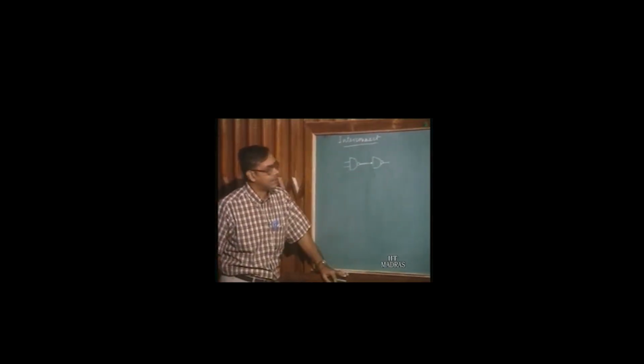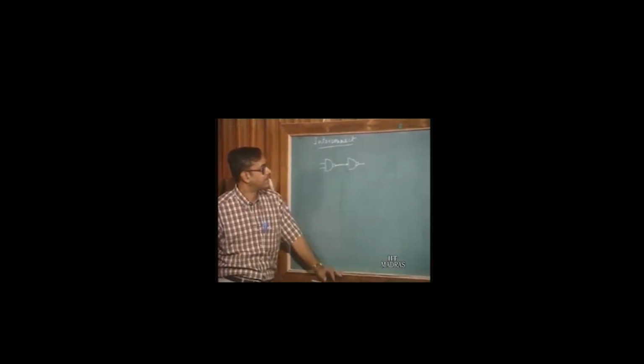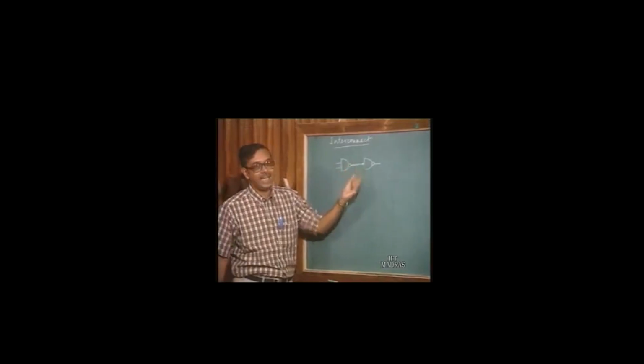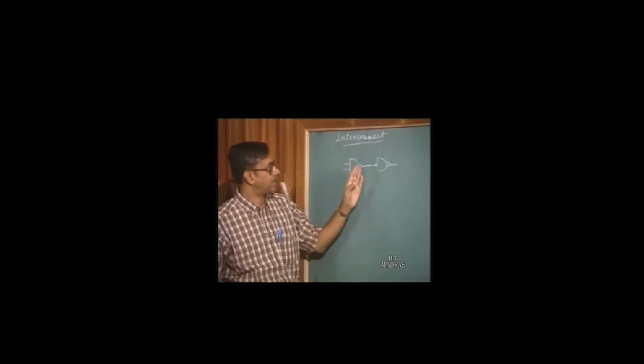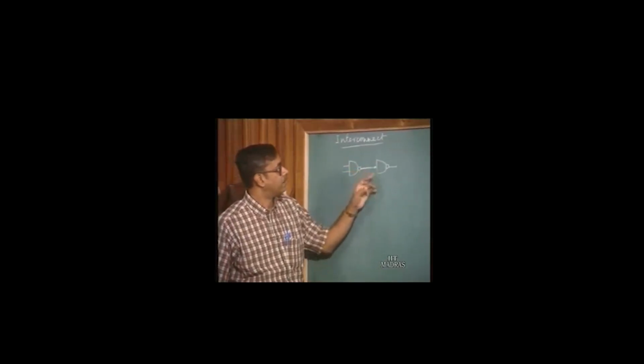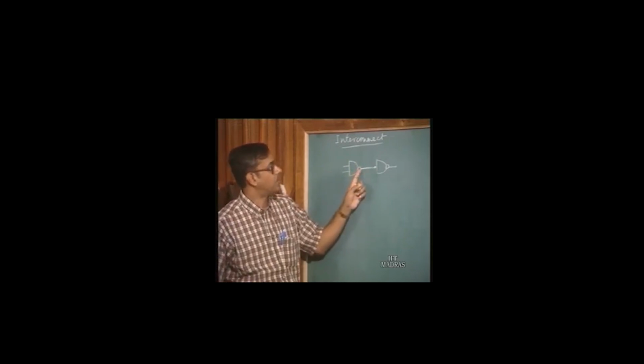Now, these interconnects have a number of different effects. For example, it may cause a delay of the signal, that is, the signal which is going from the output of this gate to the input of the other may get delayed, and it may also cause distortion.